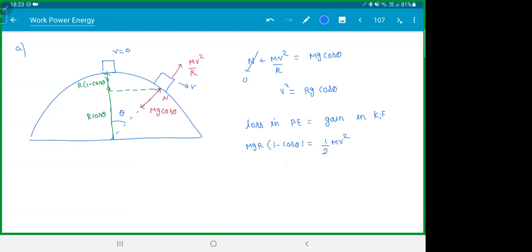And what is v square? rg cos theta. mgr cancels off. You end up with cos theta as 2 by 3. And the best part, independent of radius. You take a big circle, you take a small circle, it doesn't matter. If it is a smooth surface, everyone will lose contact at cos inverse 2 by 3.